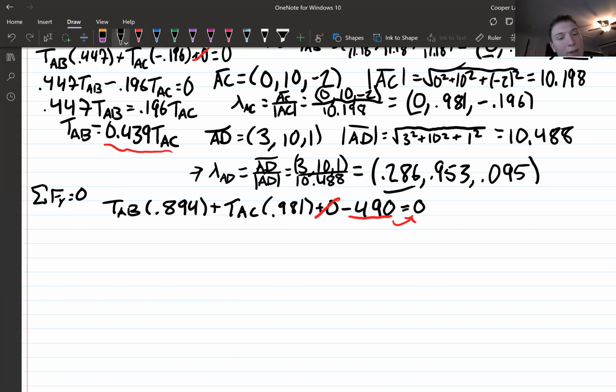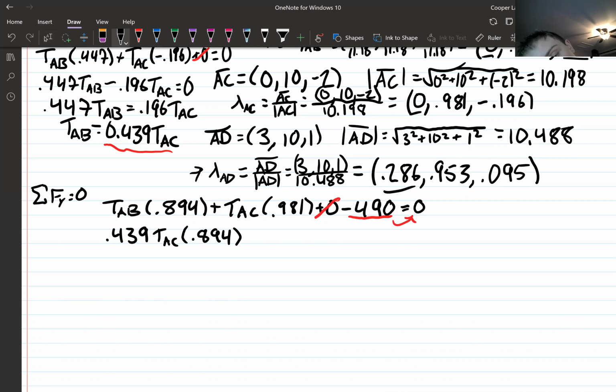So when I do this out, I'm going to substitute that. So I'm going to get 0.439 TAC times the 0.894 that was supposed to be multiplied against TAB.